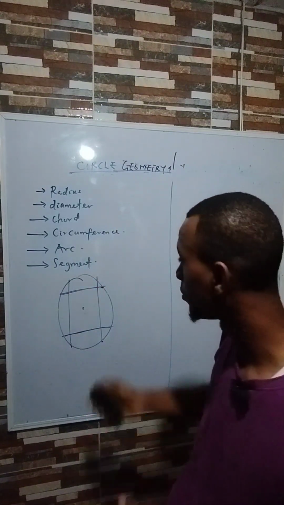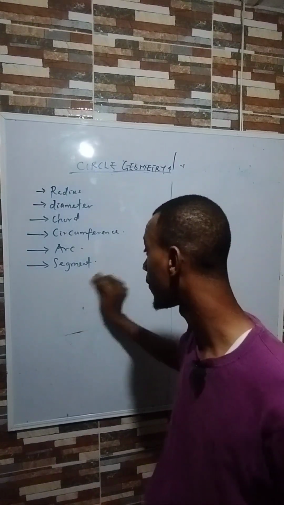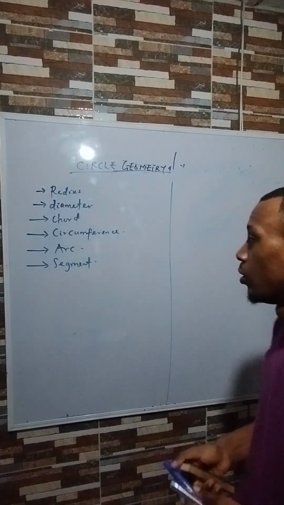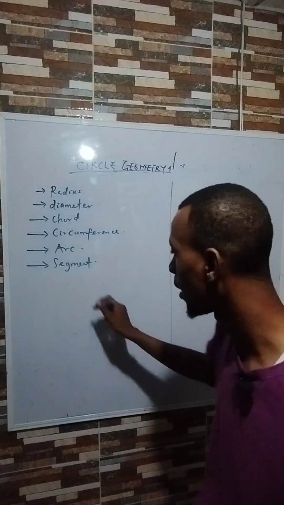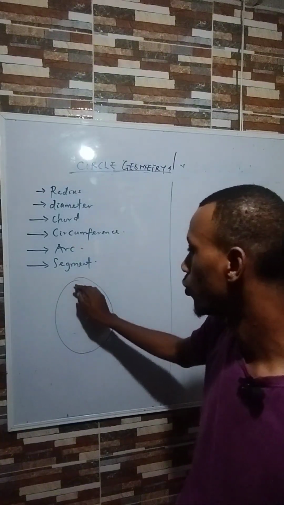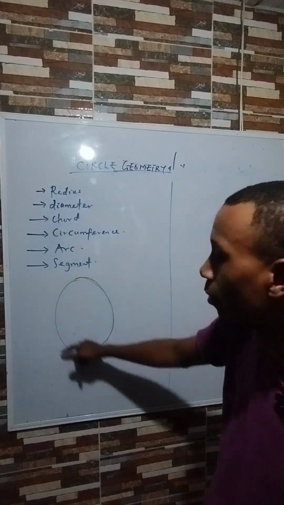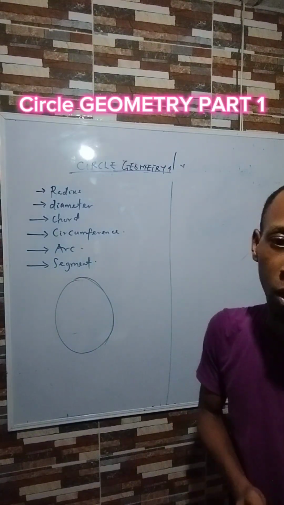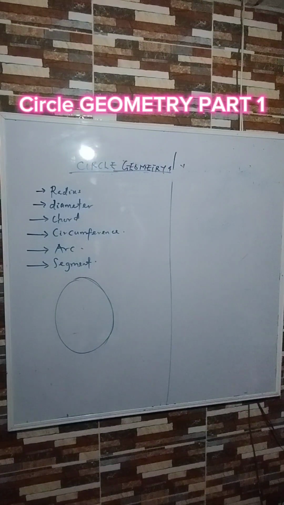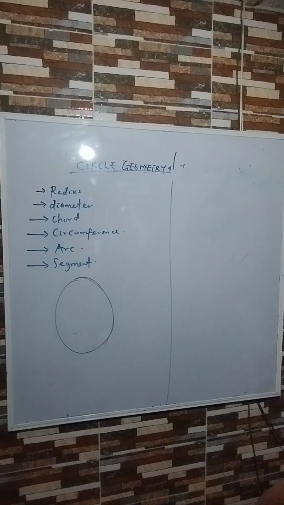Now, talking about the circumference of the circle. If you look at this carefully, the whole of this part here explains the circumference of the circle. So what is the circumference of the circle? The circumference of the circle is the length around the edge of a circle.